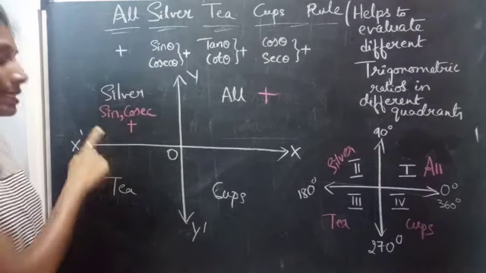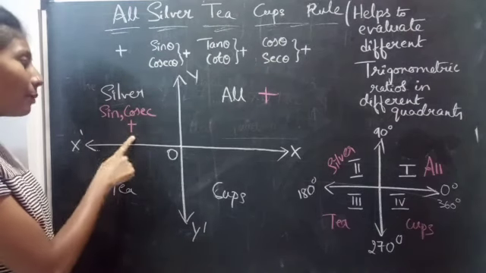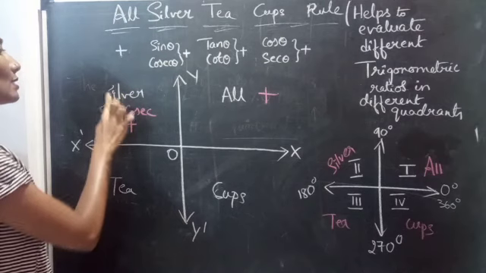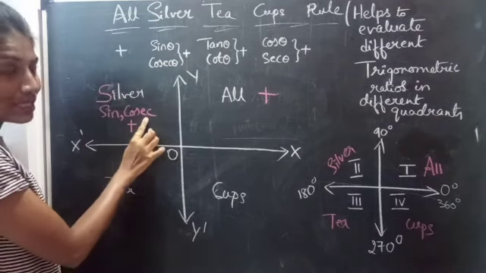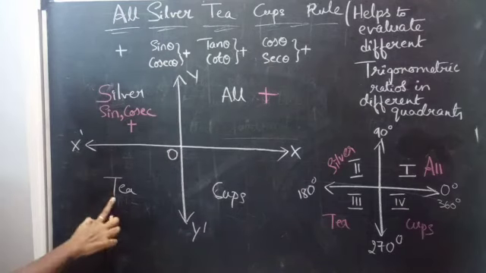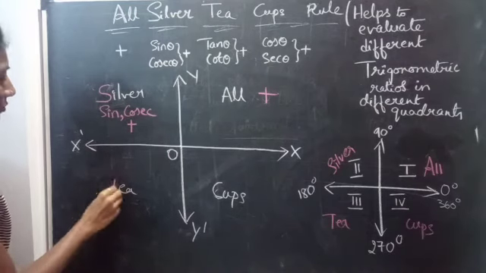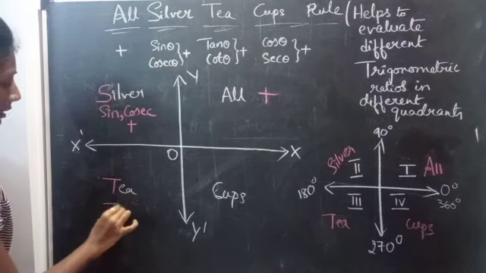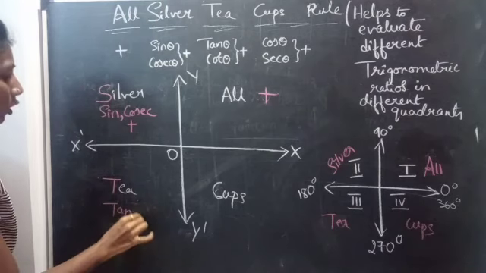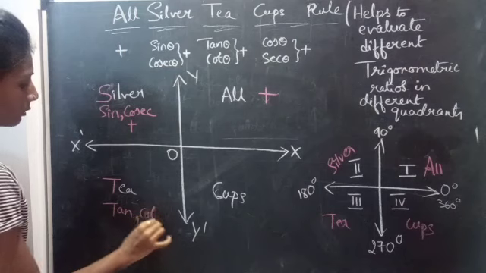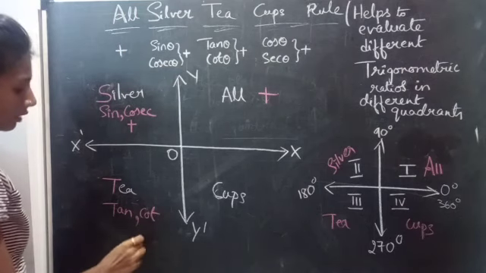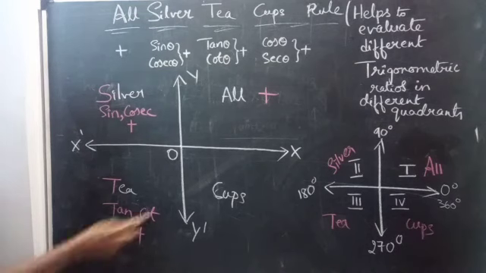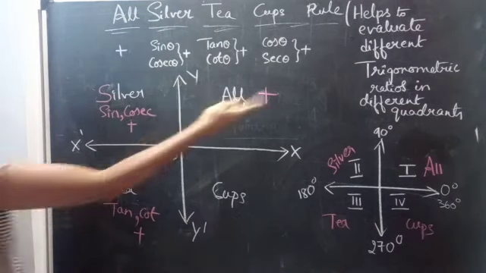Next, the letter T stands for tan, and the reciprocal of tan is cotangent. So tan and cot are positive in the third quadrant.